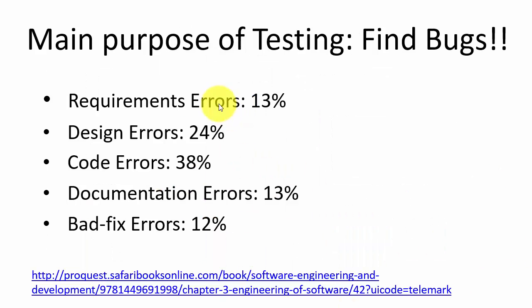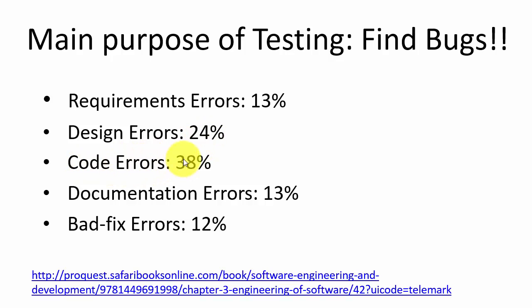So the main purpose of testing is, of course, to find bugs and to find as many bugs as possible. Here you see an overview of typical bugs and where you can find them. So in the requirements, the errors in requirements, you typically find 13% of the bugs. The design errors is 24%.